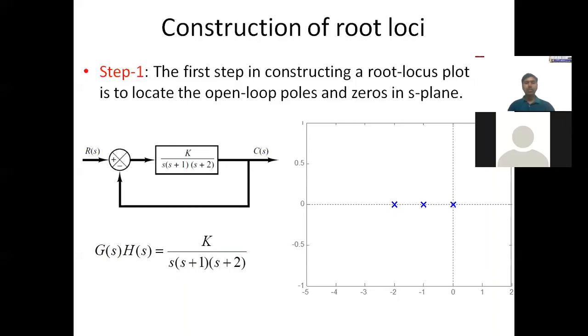Since no zeros are here, we place only the poles on the complex plane, that is the S plane. The first pole is s equal to 0, placed here. The second pole is s equal to minus 1, placed here. And the third pole is s equal to minus 2, placed here.